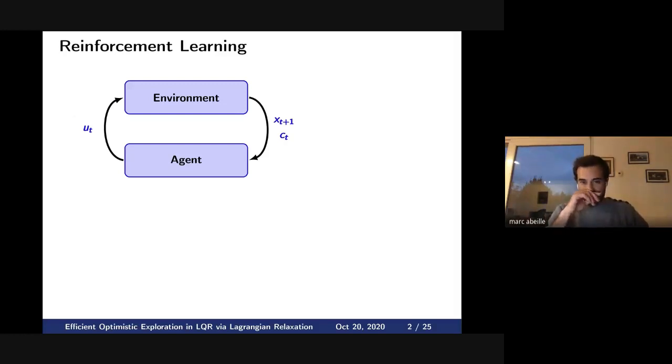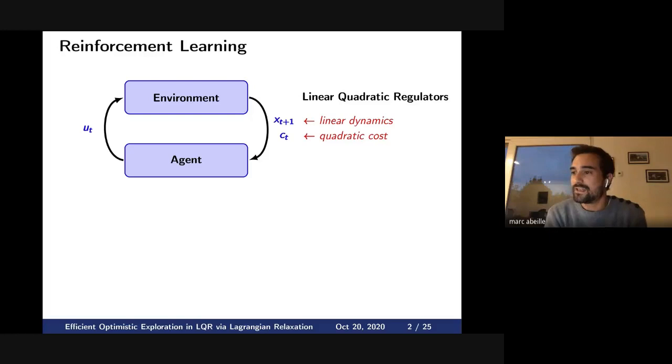In the tabular setting, when we have finite state and action spaces, this problem is relatively well understood. It's the MDP setting. But we focus here on the more challenging setting where the state-action space is infinite. To this end, linear quadratic regulators, or LQR for short, offer a very powerful and neat framework because they allow us to consider continuous state and control variables.